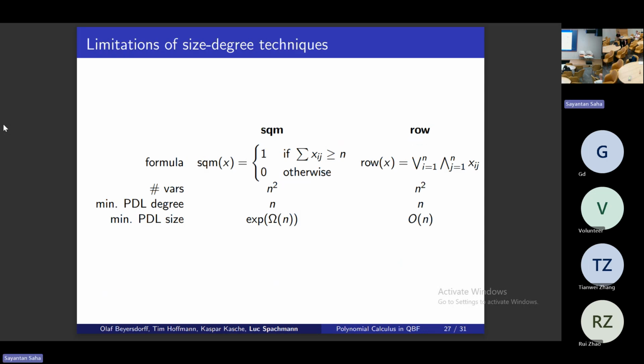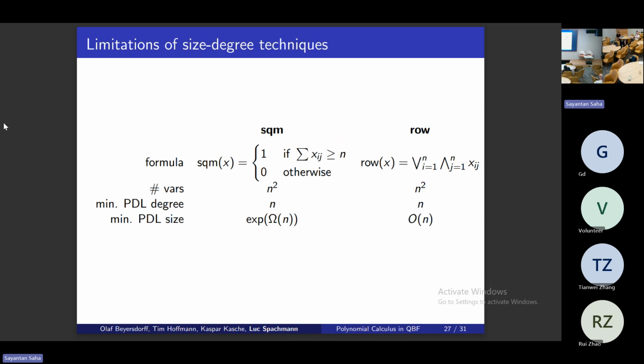This size degree technique works quite well on those formulas we have shown, but it can't really show everything. To show the limitations of this technique, we have two formulas here. This is the square majority formula, SQM, and the row formula. What these formulas calculate exactly is not really important.